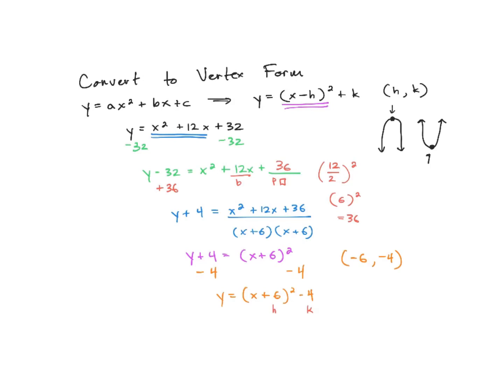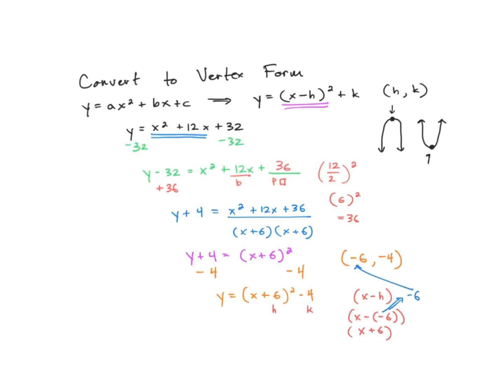Now, the reason you see a switch from plus 6 to minus 6 is because, don't forget, it's x minus h. So in order to get a plus 6 in there, I must have done x minus a minus 6, which would have gave me x plus 6. So my h, in fact, ends up being a negative 6, which is what I have here.